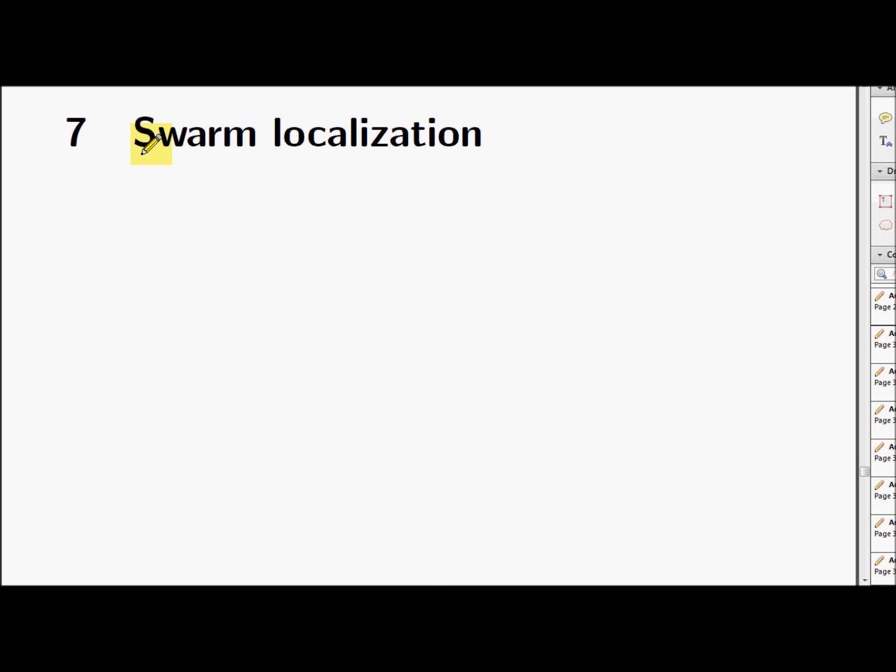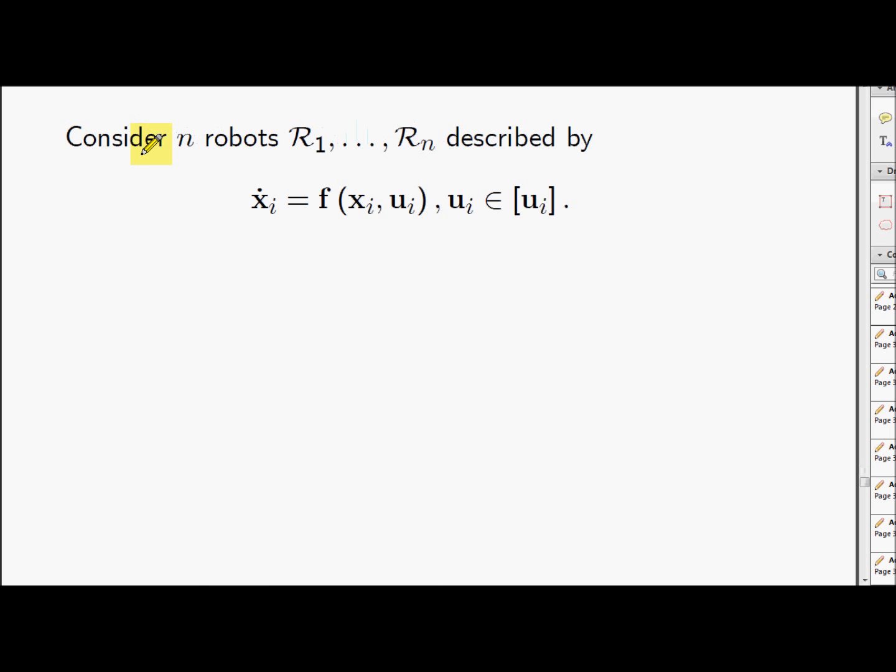Swarm localization. I will consider here the problem of localization of underwater robots, taking into account the time of the sound inside the water. So I will consider different robots, R1, RN, and I will now explain what happens.